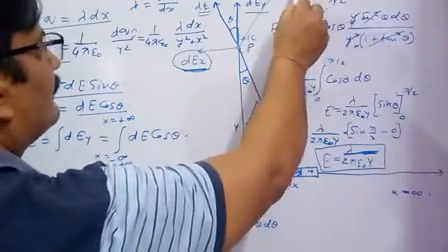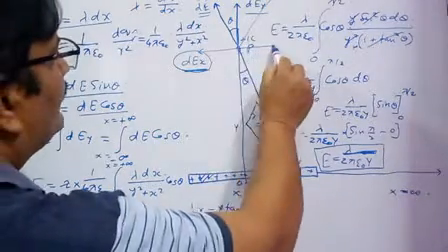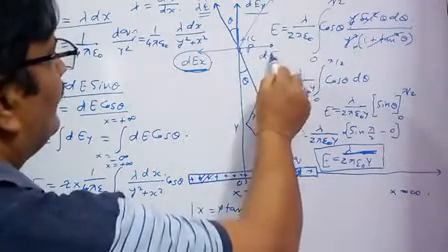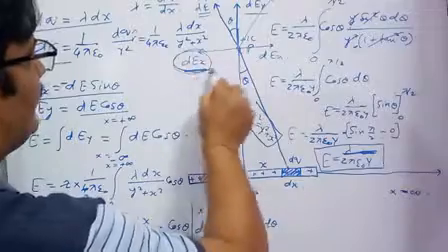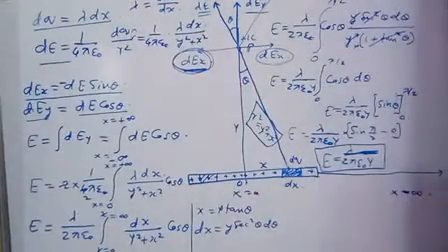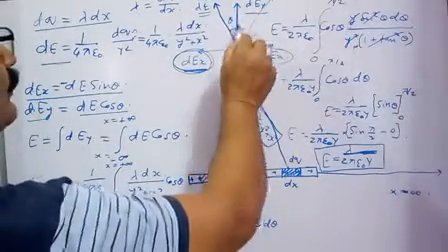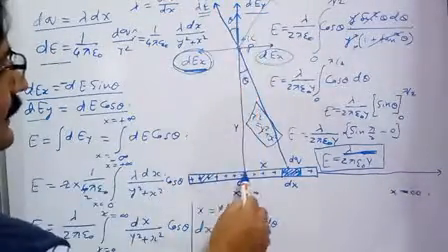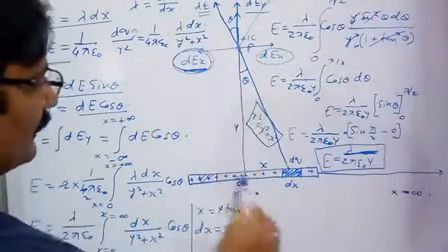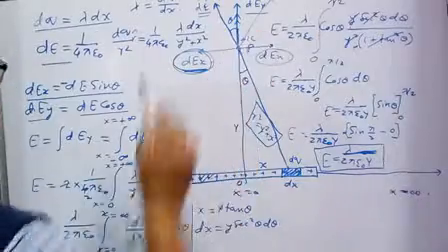So the horizontal components of the two electric fields, that is dEx, cancel out from both sides, but the electric field along the vertical direction is going to remain the same. So the electric field along the vertical due to all such elements of length dx adds up together.